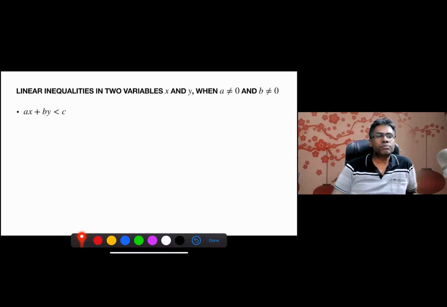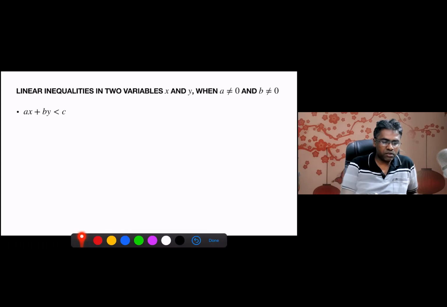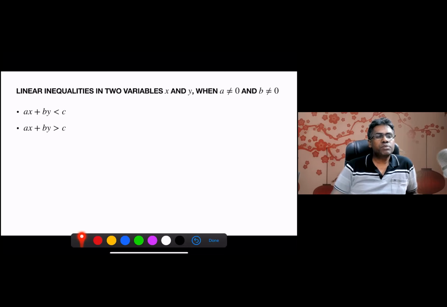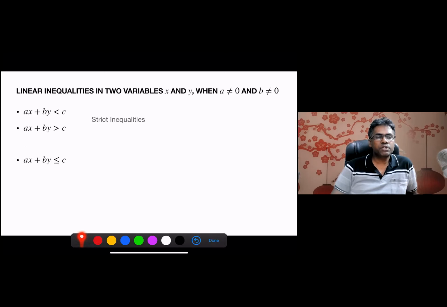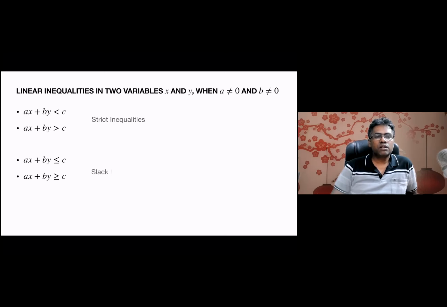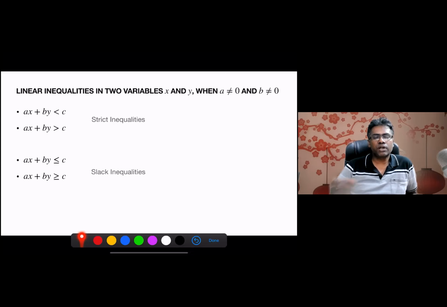They will look like this: with another real number c, ax plus by less than c, and ax plus by greater than c. Again, these are strict inequalities. The slack inequalities look like ax plus by less than or equal to c, and ax plus by greater than or equal to c. These are slack inequalities because we are allowing equality.